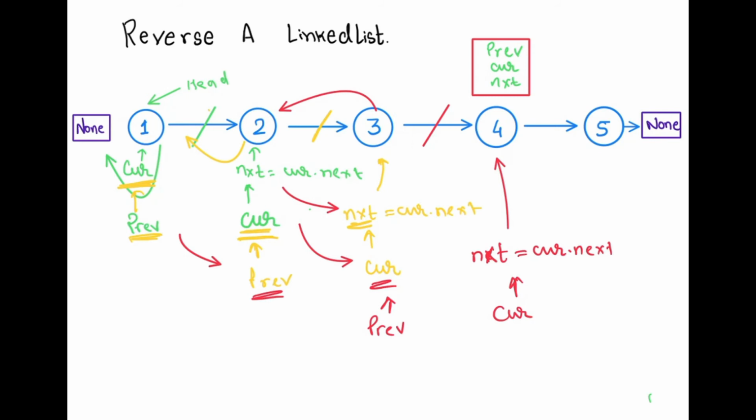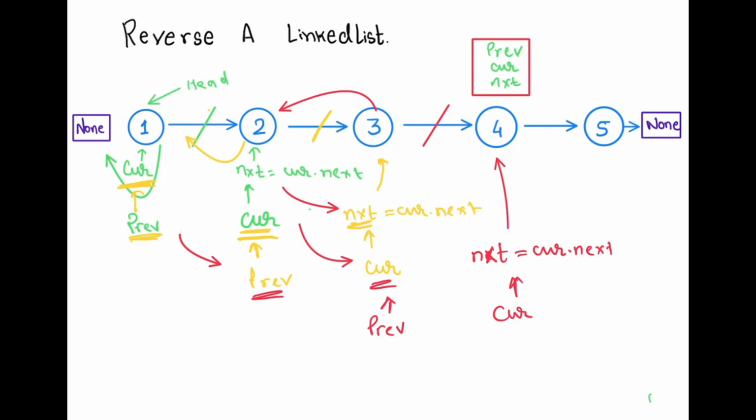And in that way, as we iterate along the linked list, the entire linked list will be in a reversed fashion. And eventually the current will become none, and the previous will be the pointer to the head, because everything is being reversed, so the tail will become the head eventually. So at the end of it, I just want to return the previous as the head of the linked list.